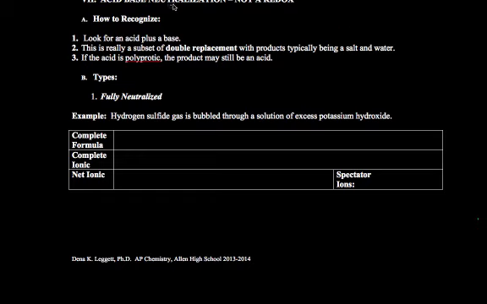Now, we're going to be looking at neutralizations, either fully neutralized or partially neutralized. These are not redox reactions, and in fact, they're a subset of double replacement reactions. Typically, especially if it's a fully neutralized system, you're going to get a salt and water, a salt being just an ionic compound.